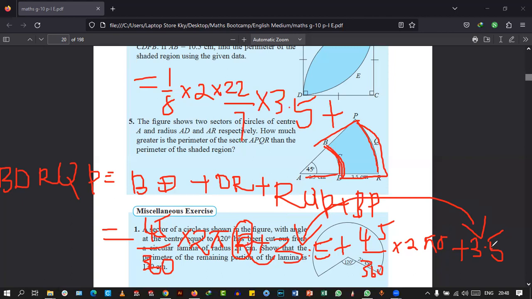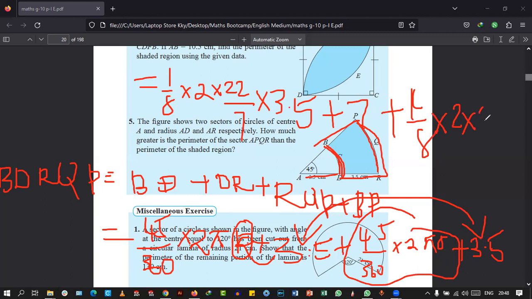They are not dependent on these things, so I can add them together. So then I can write 7 plus this portion: 1 divided by 8 times 2 times 22 divided by 7 times R. R is how much? 7.